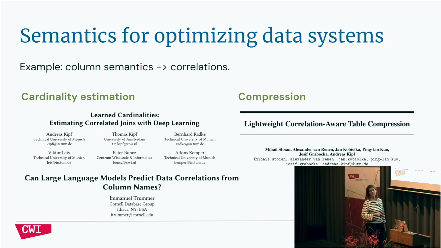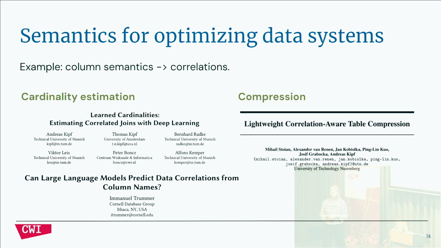All right. Also, of course, I'm in the DA group. Lots of work on compression as well. And very recently, Kip and Co. have submitted a great paper on compression, namely correlation-aware compression. It's quite basic in the approach taken there, but it's interesting.